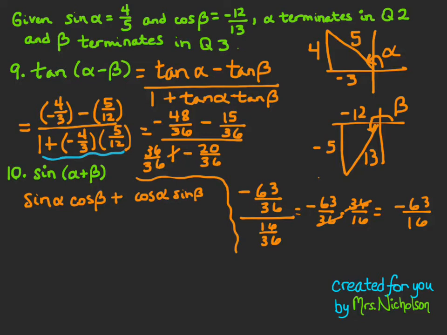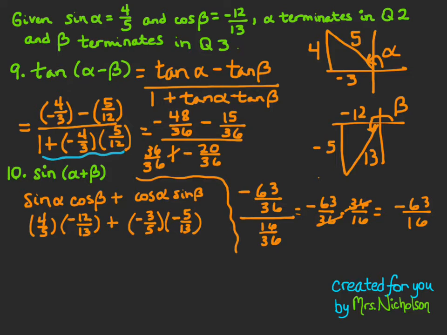If I look at alpha, sine is y over r, and so that would be 4 over 5. Cosine of beta, cosine is x over r, and so that would be negative 12 over 13, plus cosine of alpha. Again, cosine is x over r, and for alpha, that's negative 3 over 5. And sine of beta, y over r, for beta would be negative 5 over 13.